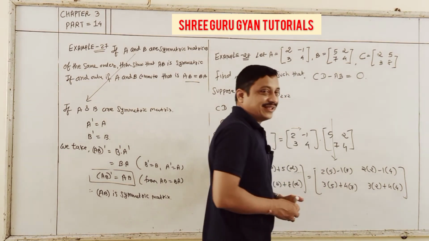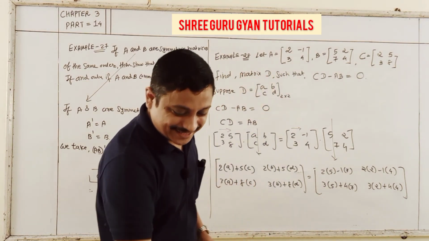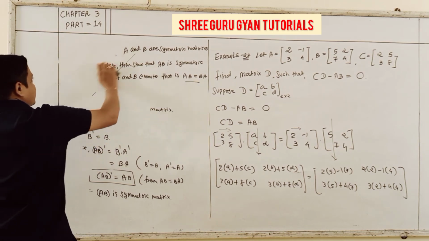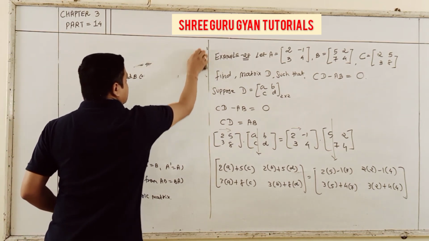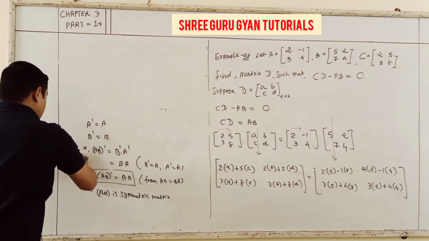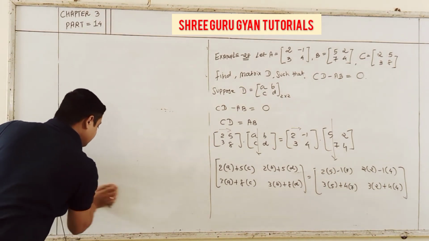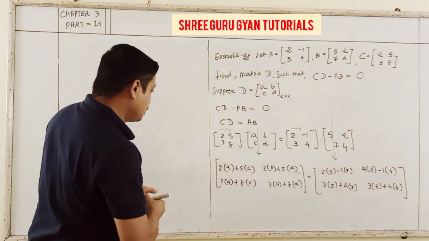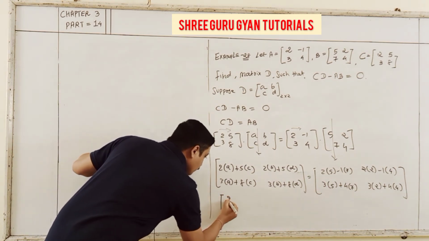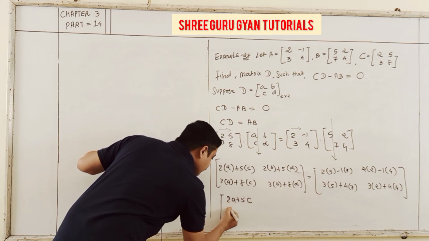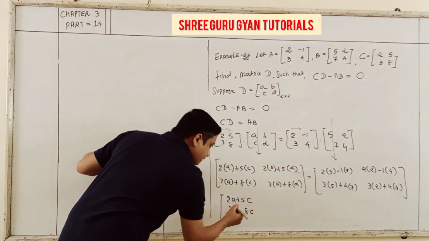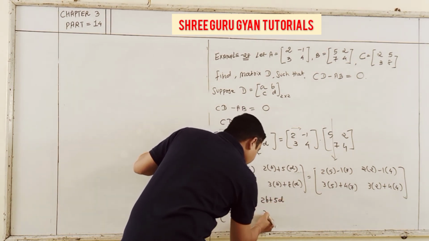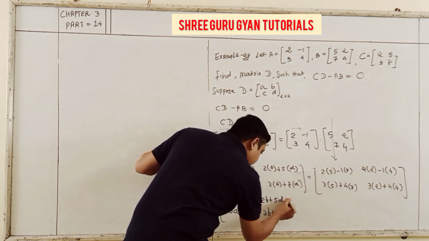Simply add the parts one by one: 2a plus 5c, 3a plus 8c, similarly 2b plus 5d and 3b plus 8d.